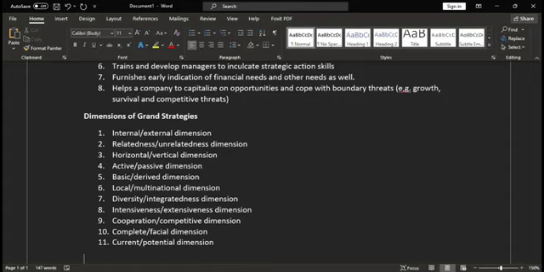We also have the diversity and the integratedness dimension. Diversity is the variety of the adopted strategies, or the extent to which adopted strategies are heterogeneous, or the extent to which a newly adopted strategy can be differentiated from the existing strategies in the organization.